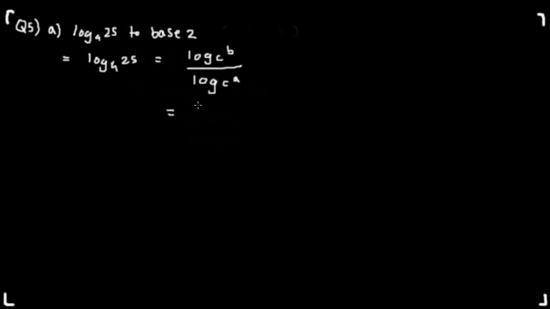So this is the same as log base 2 of 25 over log base 2 of 4. Now, using the rules of logarithms, we have to square 2 to get 4. That means this is just log base 2 of 25 over 2.